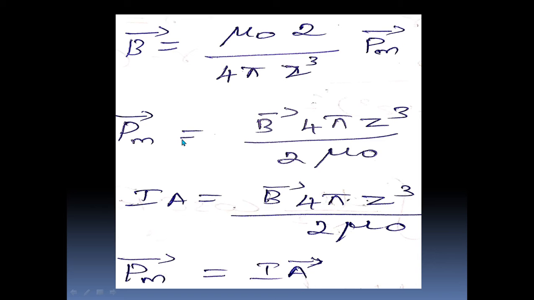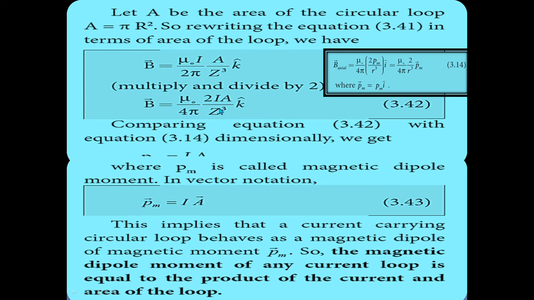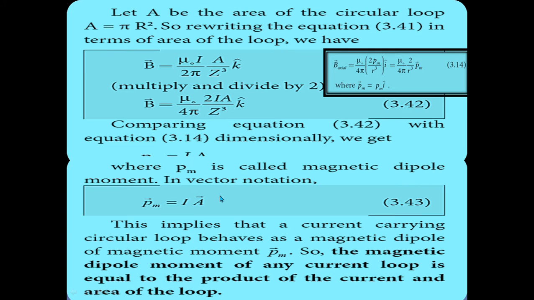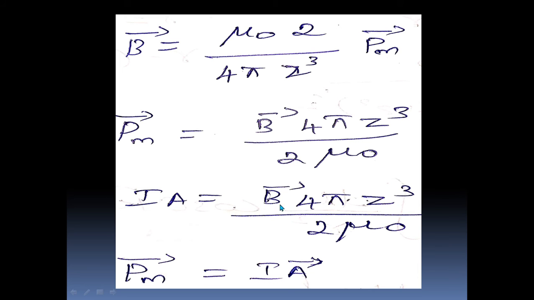Similarly, from the other equation, I A equals 4 pi z cube B vector divided by 2 mu naught. Both right hand sides are the same, so the left hand sides are also the same. That is why pm vector is equal to I A vector.